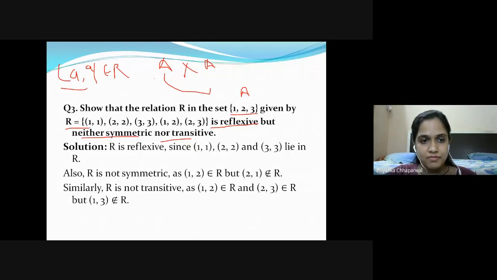In R we saw (1,1). Now what are the pairs when we make the Cartesian product of this? (1,1), (1,2), (1,3), (2,1), (2,2), (2,3), (3,1), (3,2), (3,3). So what are the identity elements here? (1,1), (2,2) and (3,3).